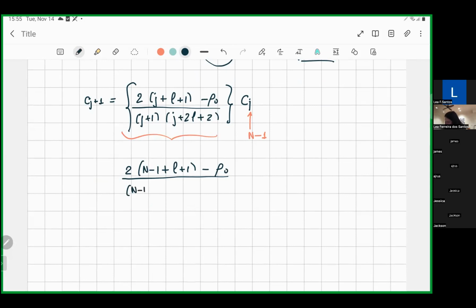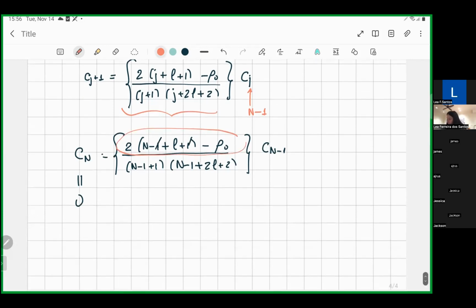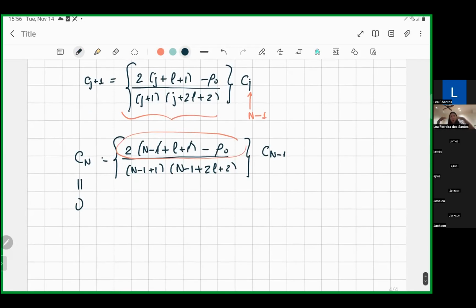So this is our Cn minus 1, and we are trying to find Cn. But we said Cn has to be 0, which means the numerator here has to be 0. So we found our equation to truncate.